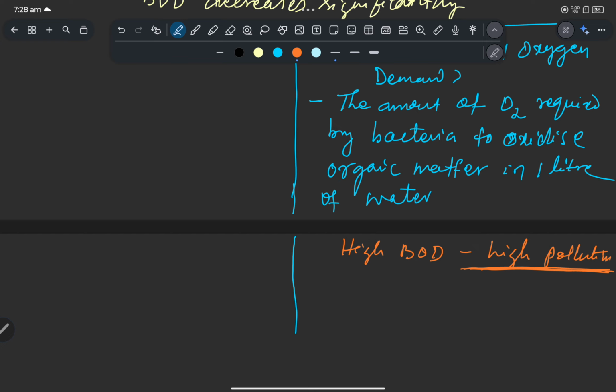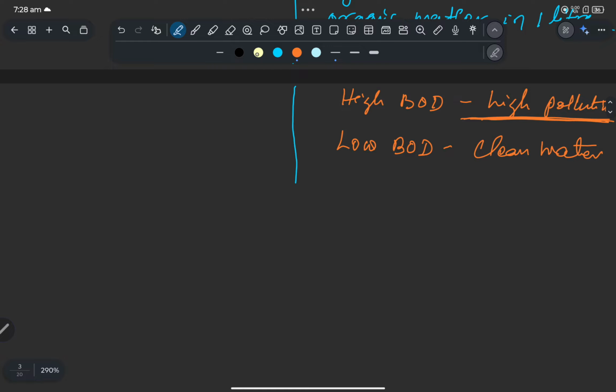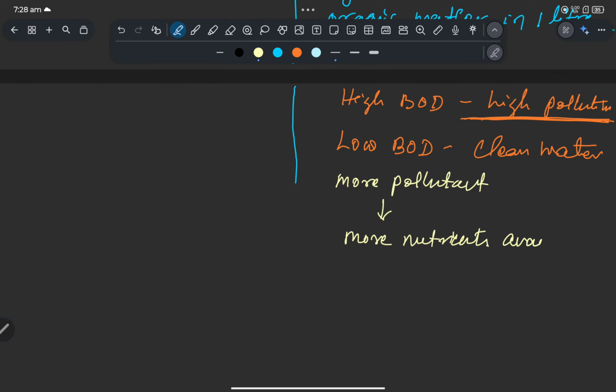Clear? Now, low BOD. Low BOD means clean water. Let me explain this a bit better. More pollutant means more nutrients available for bacteria. Here we are talking about the bacteria.